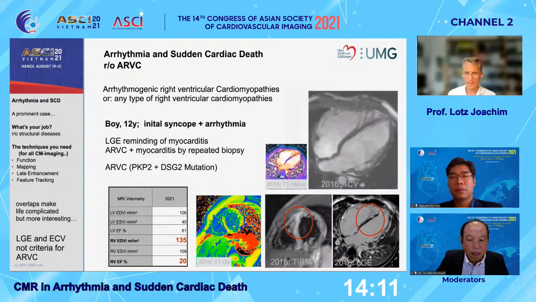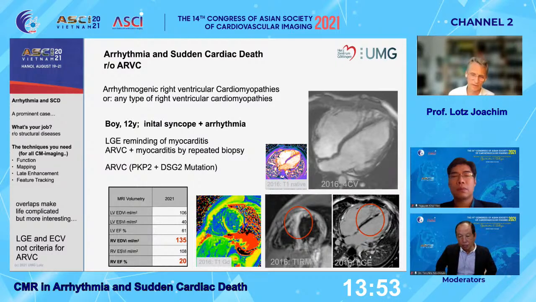Another example, this is a patient first symptomatic with an initial syncope and arrhythmia in school, during school sports, a typical situation. Came to echocardiography. Echocardiography looked at the right ventricle and said it's dilated, question of ARVC. So this was in 2016.